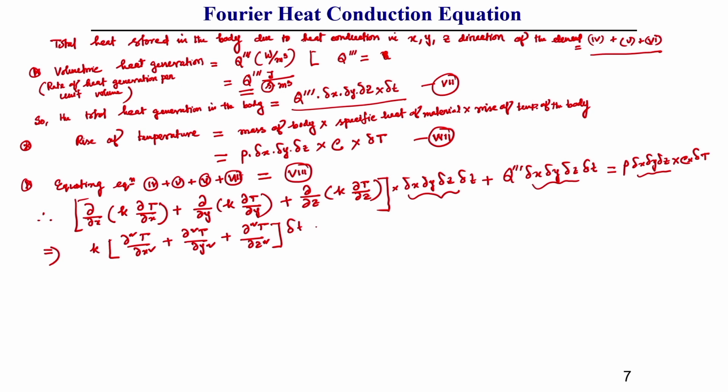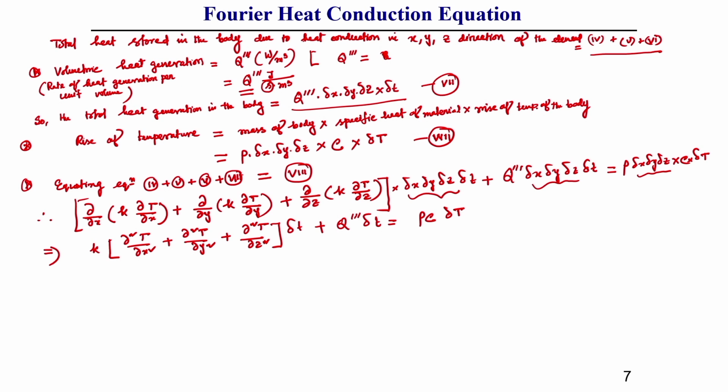This should be plus q triple dot into delta t, and the right side will be rho c into temperature difference.